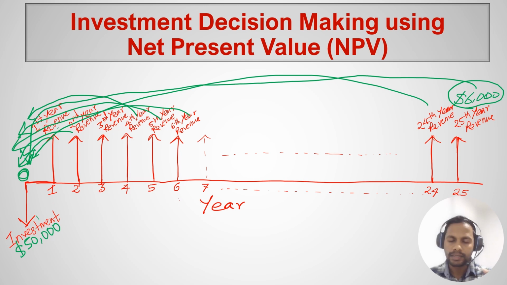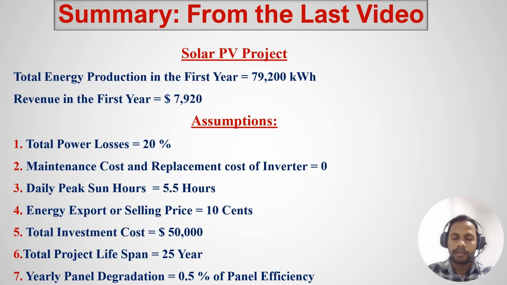Equivalent to that amount, what is the value today? There is a reason why we bring all the revenue to the zeroth timeline, where I'm putting my $50,000: that is the timeline where I'm going to analyze this revenue.